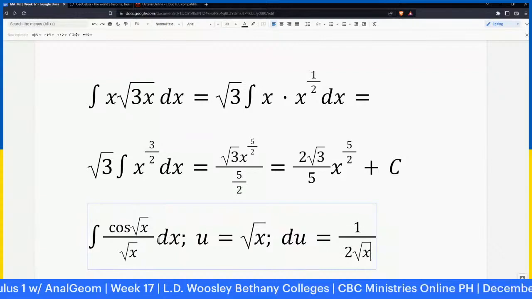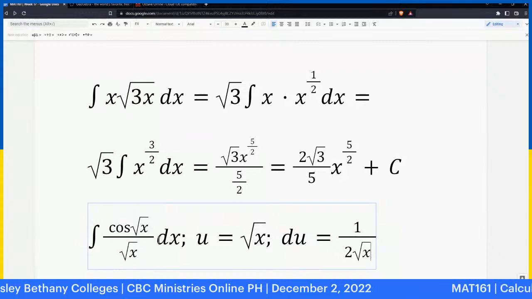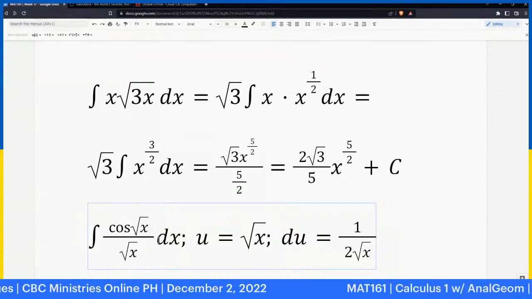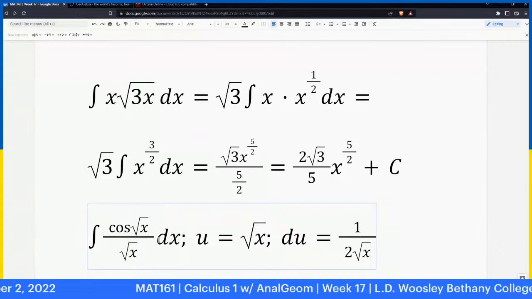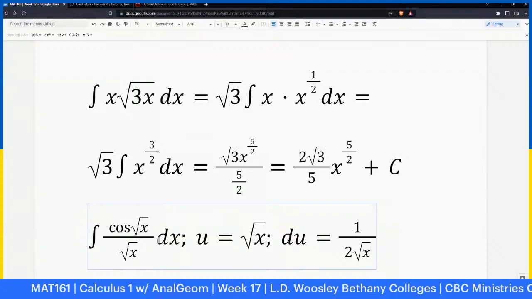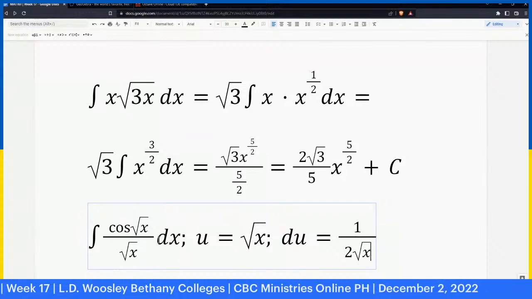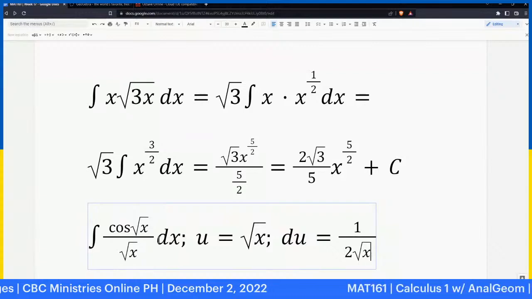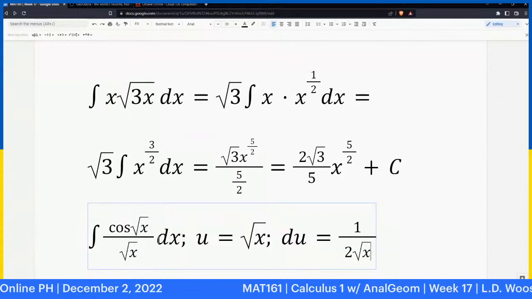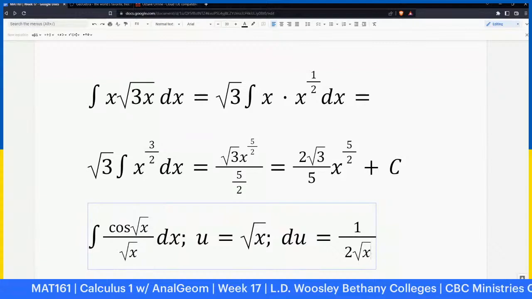O negative. Is there a negative? Kasi u raised to 1 half, no? So, u raised to 1 half minus 1 is negative. Negative nga, no? May negative. Du.